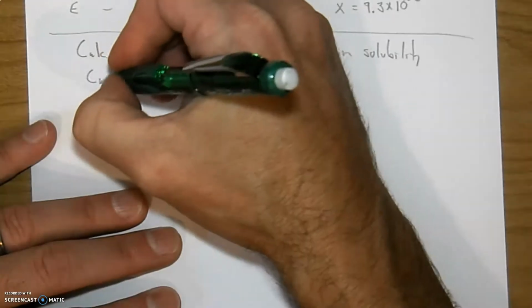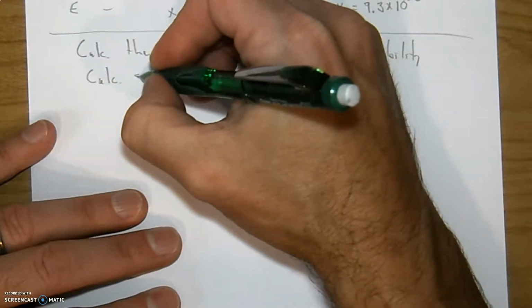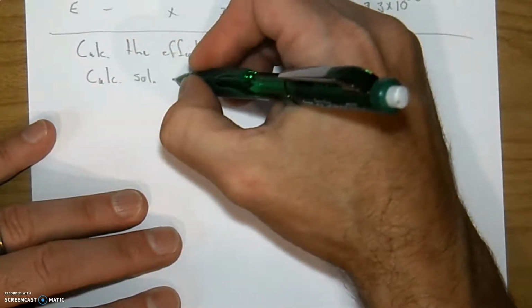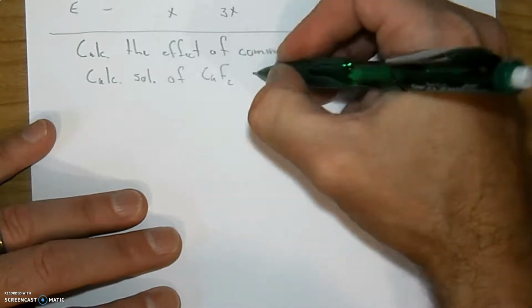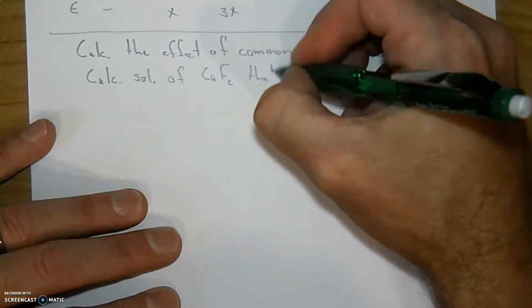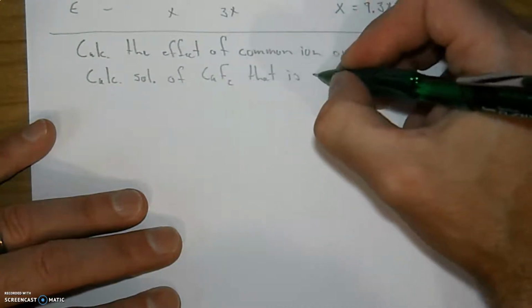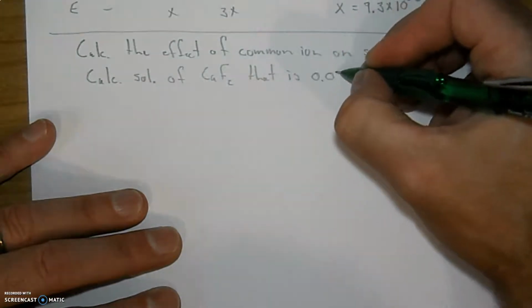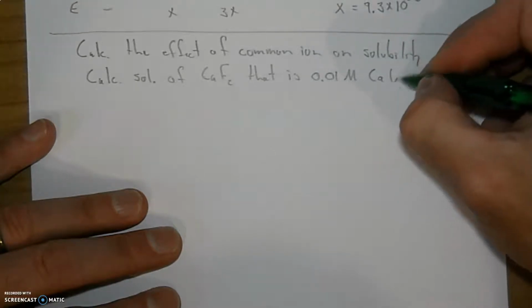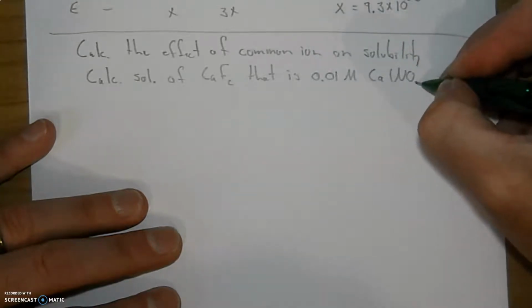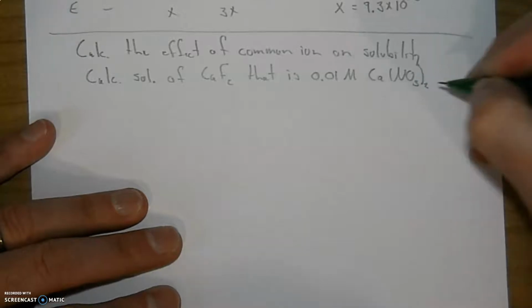Specifically, calculate the solubility of calcium fluoride again, that is 0.01 molarity in calcium nitrate. And then we'll do a separate problem, which I'll introduce shortly.